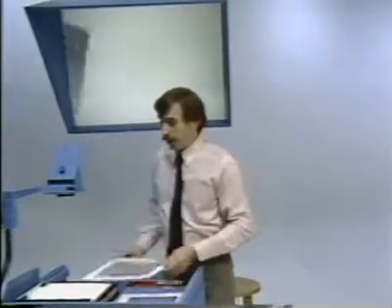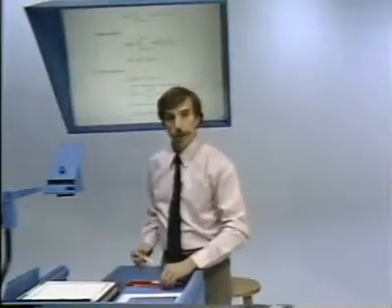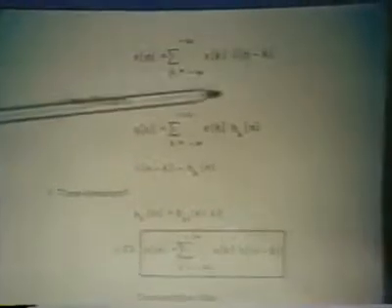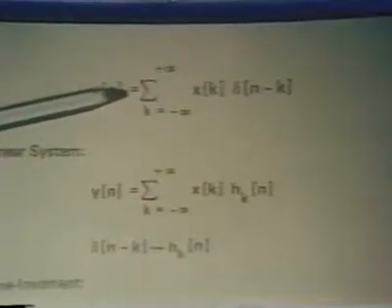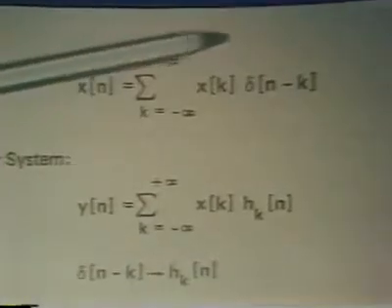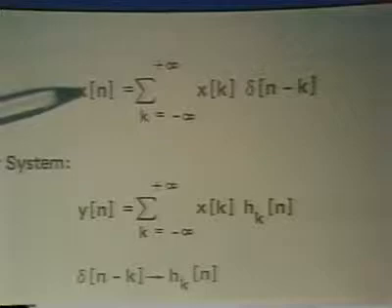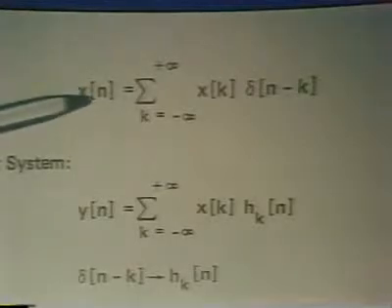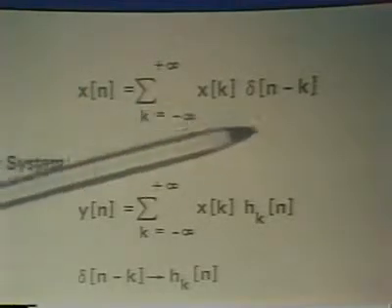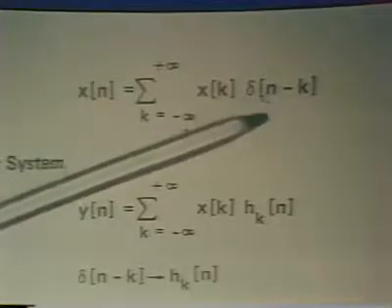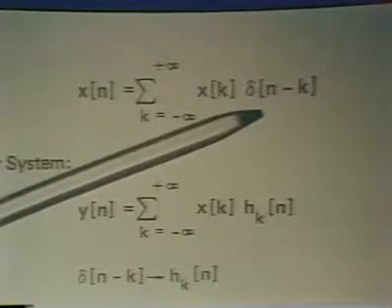The strategy is to decompose an arbitrary sequence into a linear combination of weighted delayed impulses. And here again is the representation, which we just finished generating. Now, why is this representation useful? It's useful because we now have a decomposition of the sequence as a linear combination of basic sequences, namely the delayed impulses.